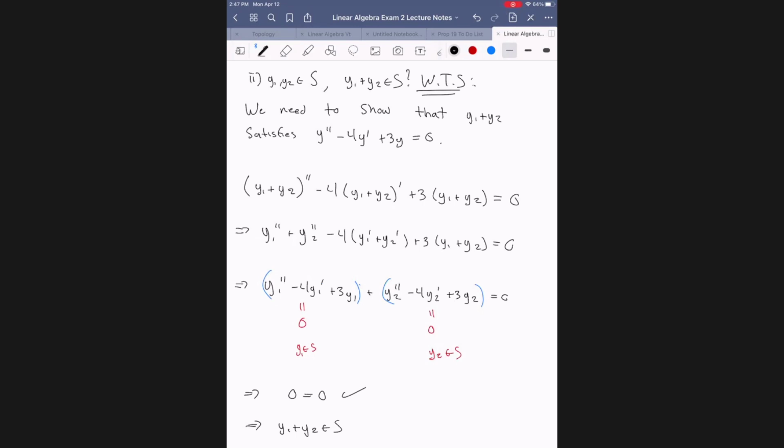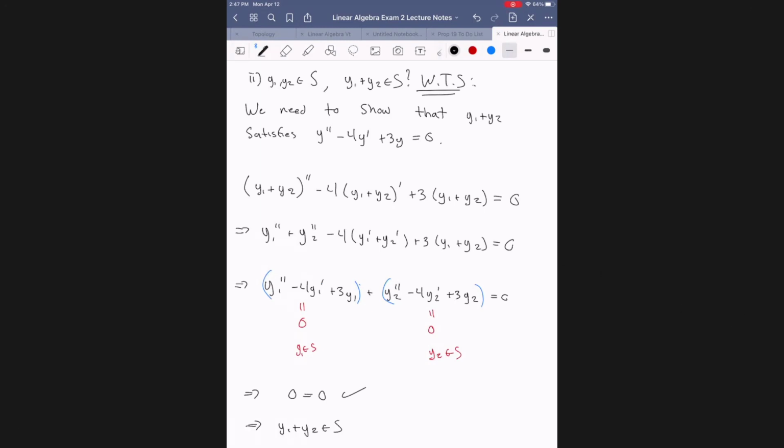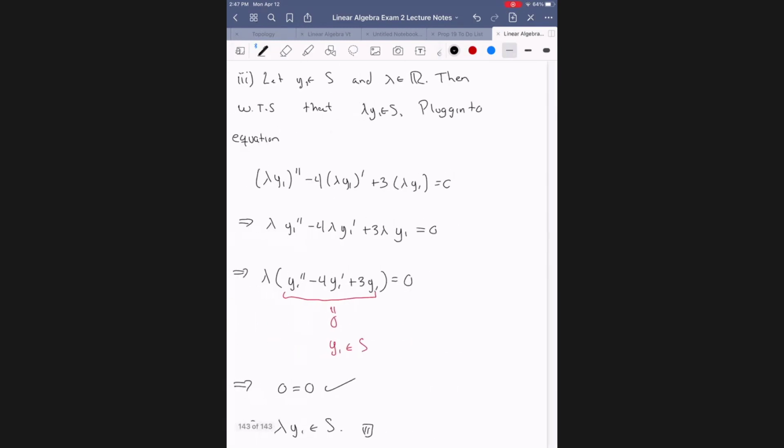Okay, next one. So the next one says that we have this matrix A. It says find an orthonormal basis for the image of A. So number 2.